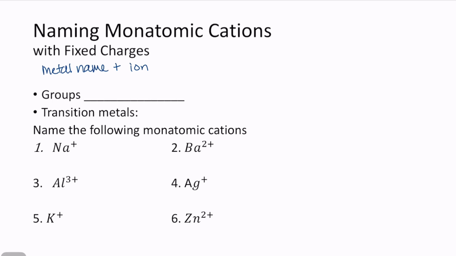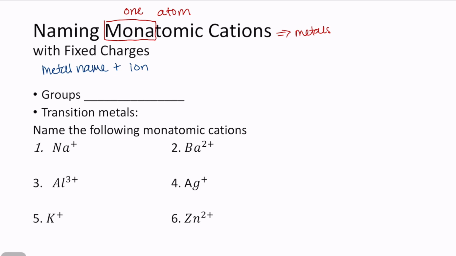Now, something I want you to keep in mind is monatomic means one atom. So this is a cation that only has one atom, and all monatomic cations are going to be metals. So when you look on the periodic table, all of the metals are going to turn into cations.